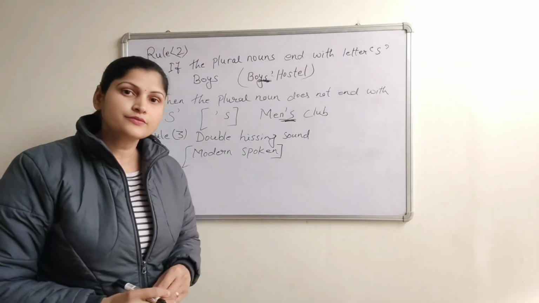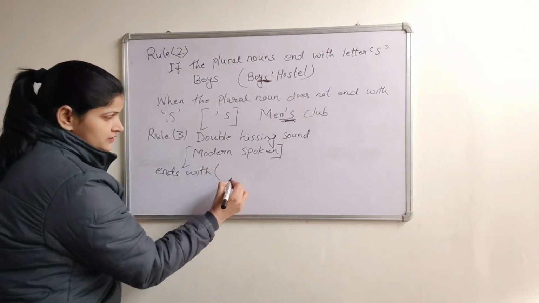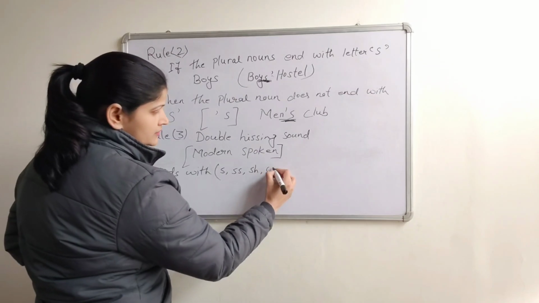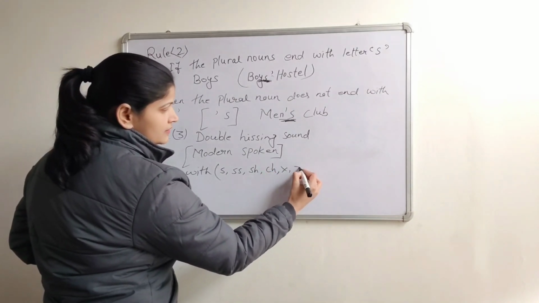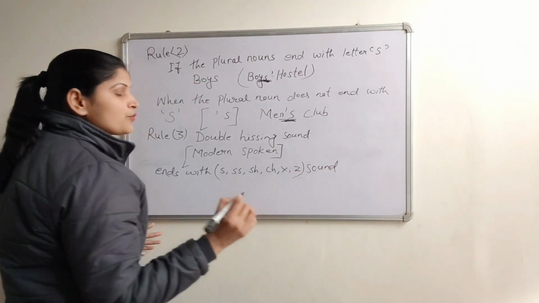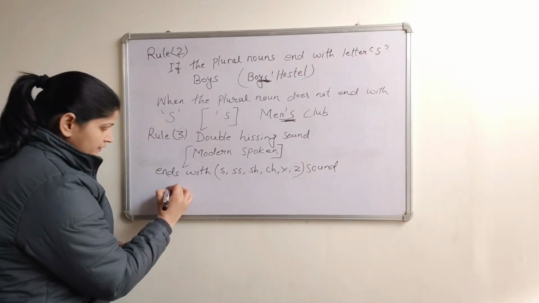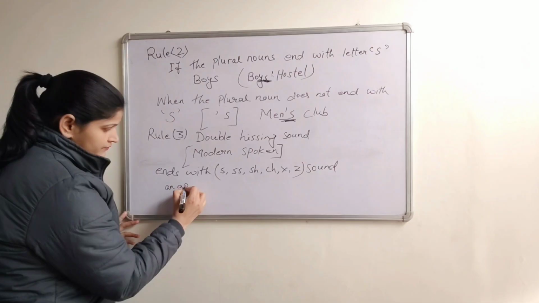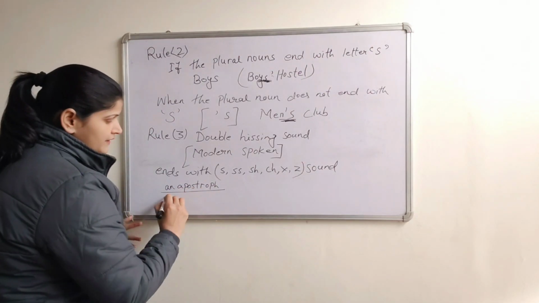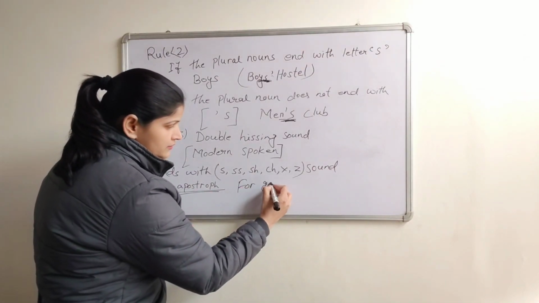If a name ends with S, double S, SH, CH, X or Z sound, we often use only an apostrophe. Only an apostrophe.